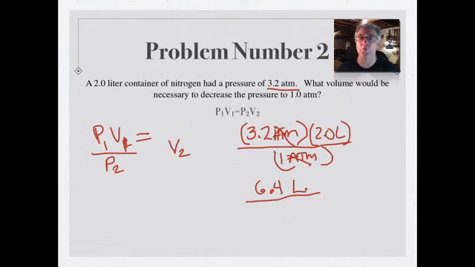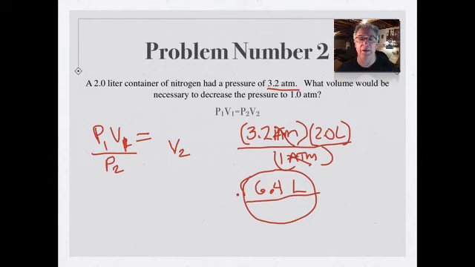It says what volume would be necessary to decrease the pressure. So when we look at this volume right here, we can see we have actually increased the volume. So the volume would be 6.4 liters necessary to decrease the pressure to 1 atmosphere.